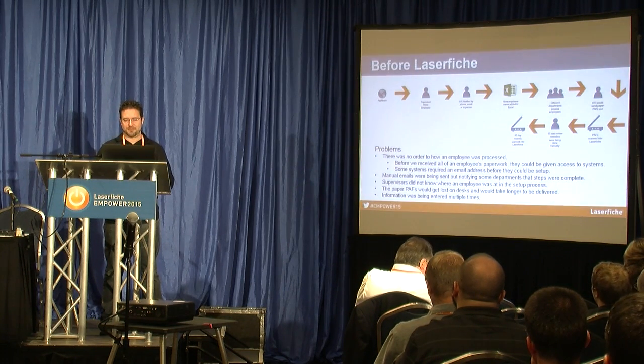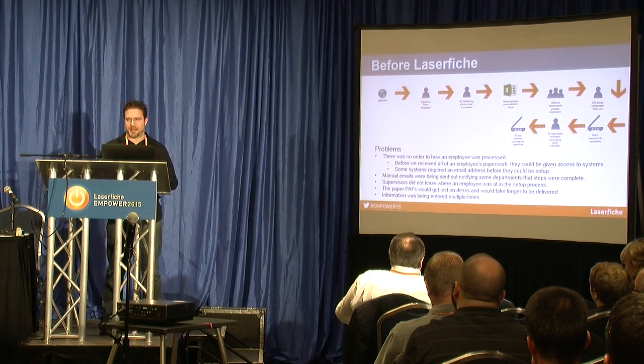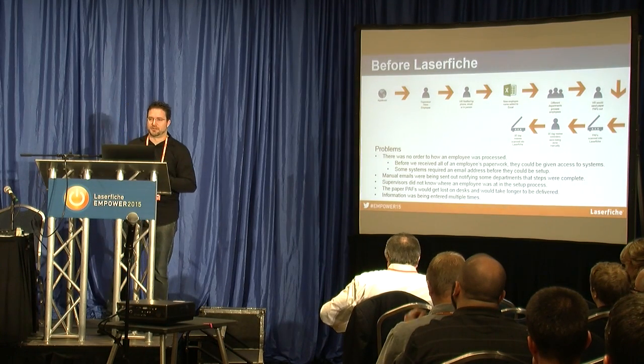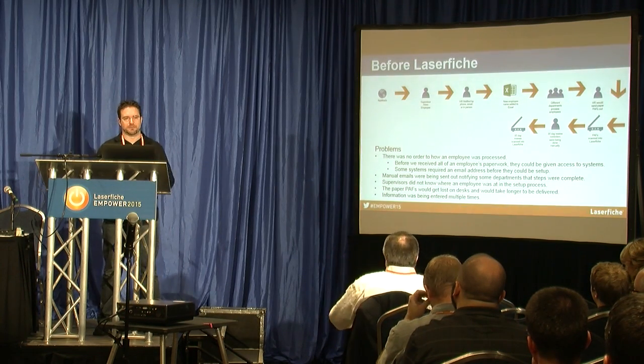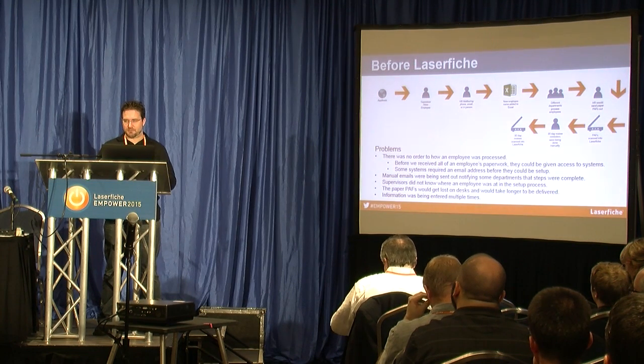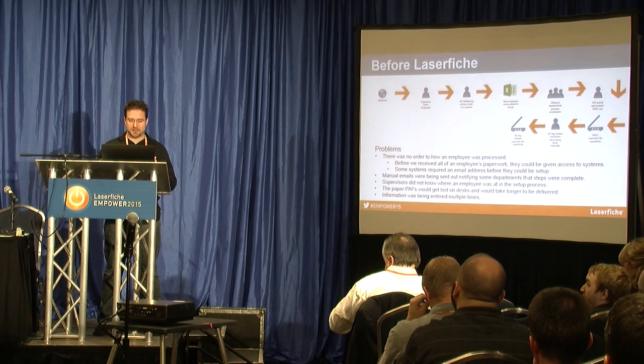HR would send out what we call PAFs, personnel action forms, which included all the information for that employee: their position, how much they were going to get paid, what grade scale they were going to be on, the GL code associated with that, and the sign-offs of all the supervisors. So that was all on paper.